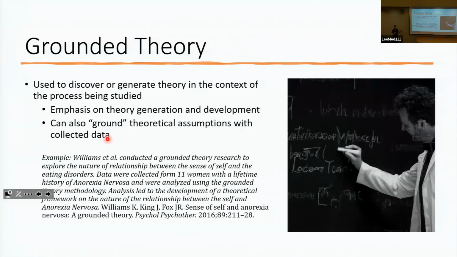And now that theoretical framework, we would say, is grounded based on the experiences of those 11 women that data was collected from. And again, you can take this qualitative research and actually use it to generate predictions and hypotheses that result in quantitative study. But to start off, this is a great way to develop that first theory.